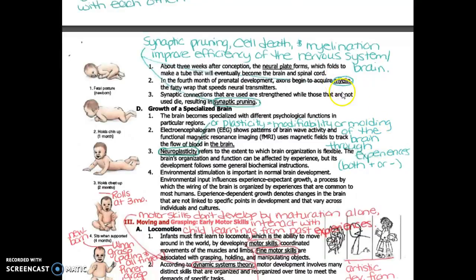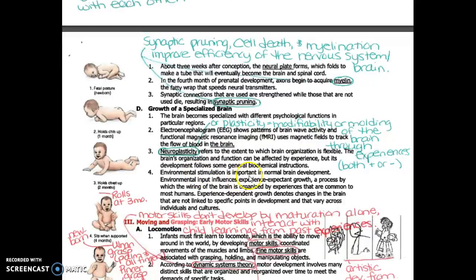We create more synaptic connections between those neurons that tend to fire together. As part of the additional videos, there's a video that will explain neuroplasticity and all that is going on in an infant's brain, so you'll be able to learn more about that.